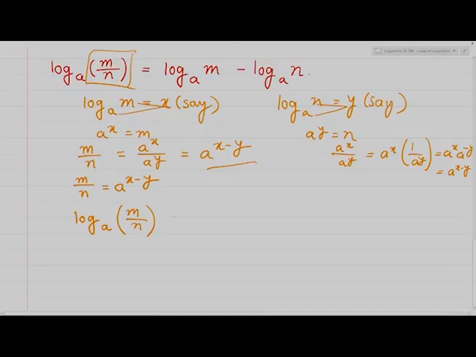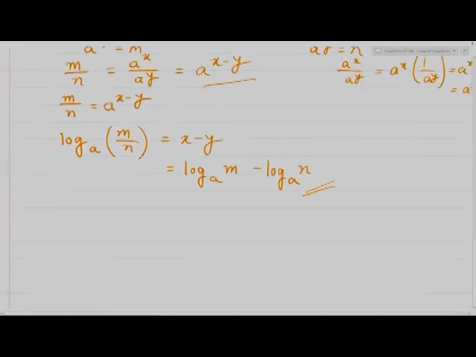This also we have seen earlier, is equal to x minus y. We also know x is log to the base a of m, y is log to the base a of n. So, this will be log to the base a of m minus log to the base a of n. This proves the second property.